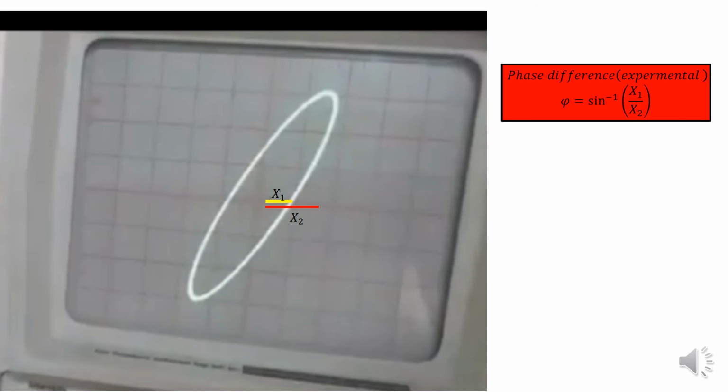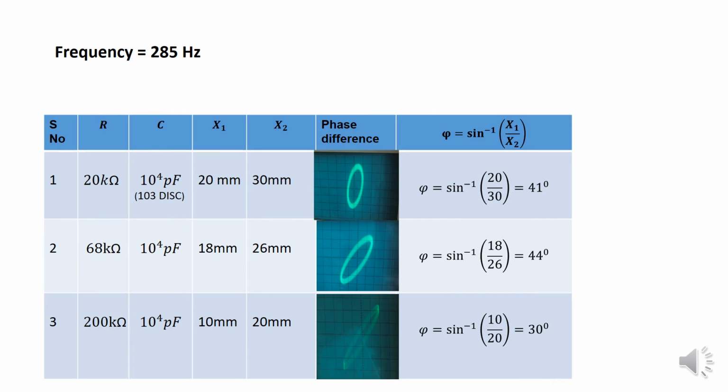So for phase difference, we have different types of phase difference. I have checked. What we are doing is, like this is a resistance. So in one case 20 kilo ohm, then 68, then 200, and the capacitor I have taken the same. So the resistance is different.